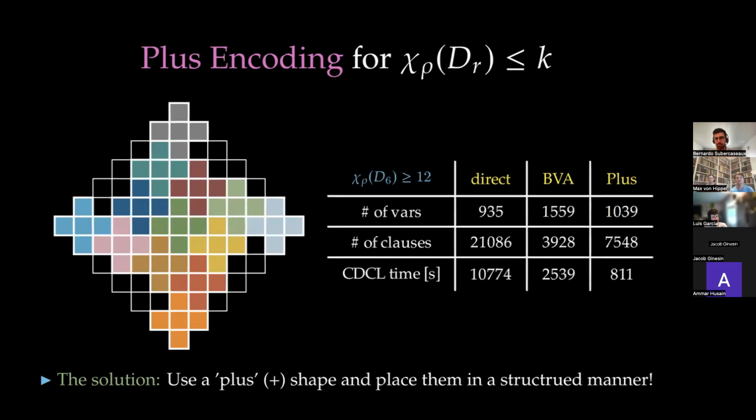An example of the benefit we get out of doing this is that, as you can see, the number of clauses from direct goes way down with what the automatic tool does. By doing the plus regions, we increase the number of clauses, but our solution time is dramatically better, both on the direct one by a factor of 10 and even by a factor larger than 3 over the optimized formula itself.